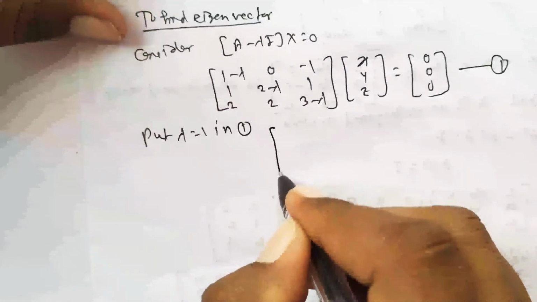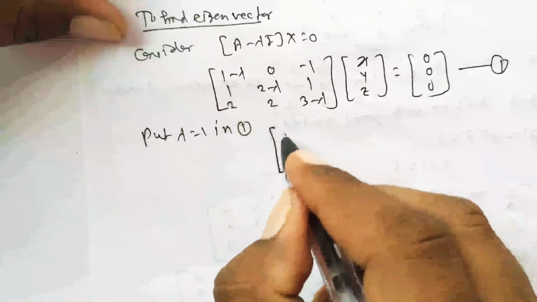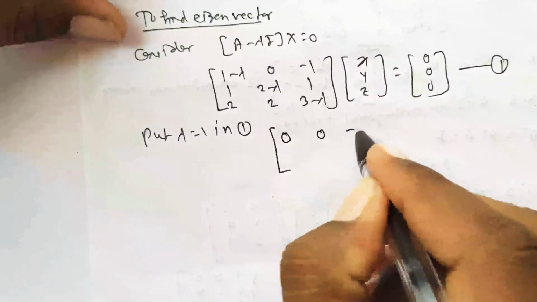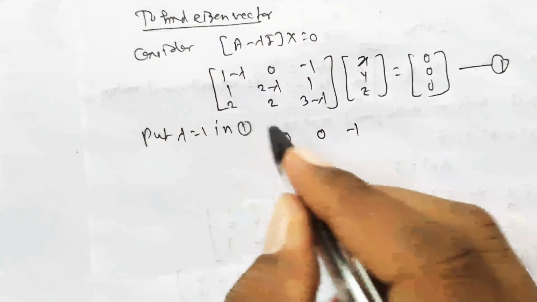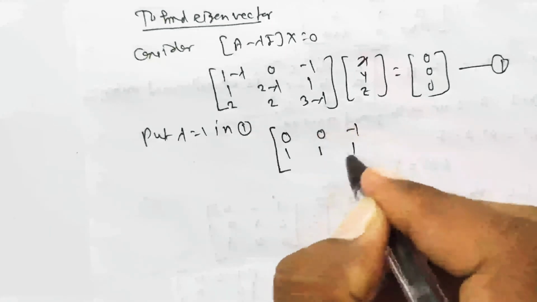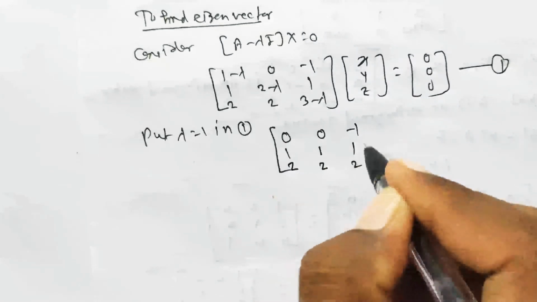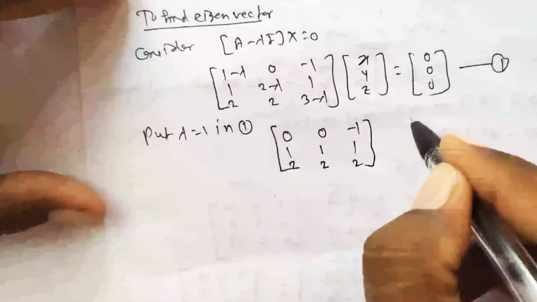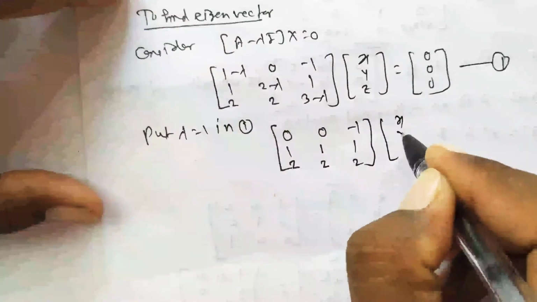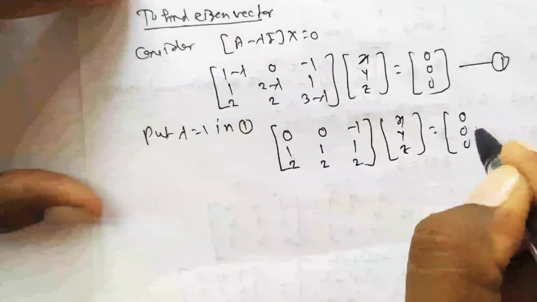So if we put lambda equal to 1 in equation 1, then we will get 1 minus 1 is 0, 0, minus 1; 1, 2 minus 1 is 1, 1; 2, 2, 3 minus 1 is 2; into x y z is equal to 0 0 0.